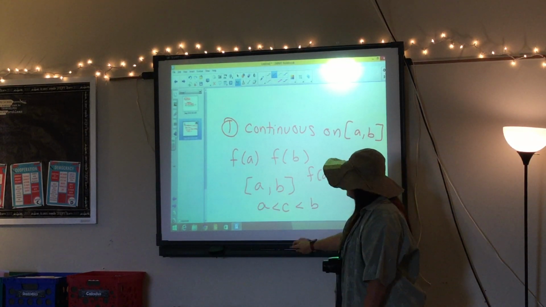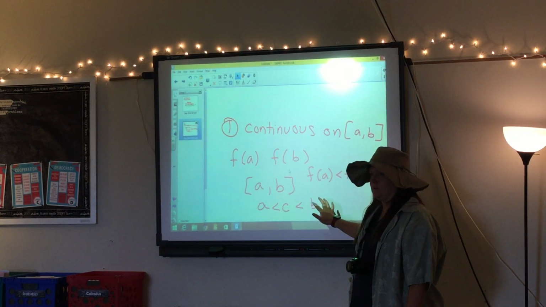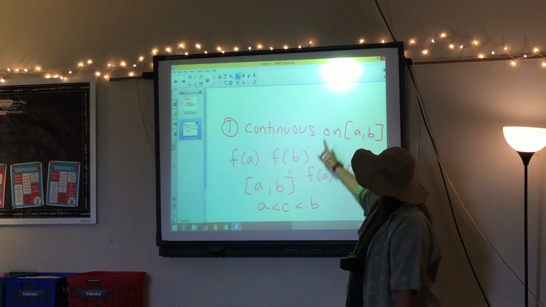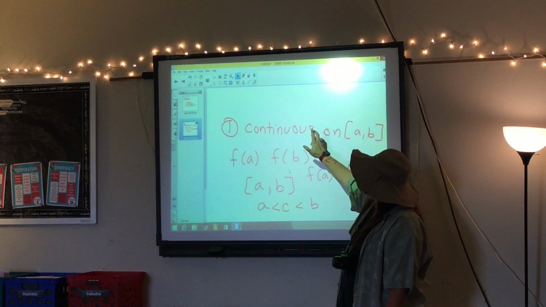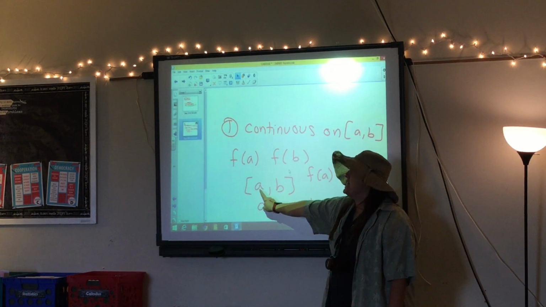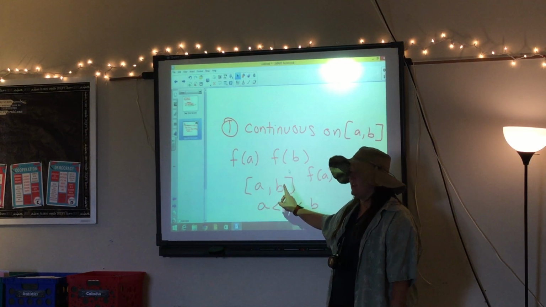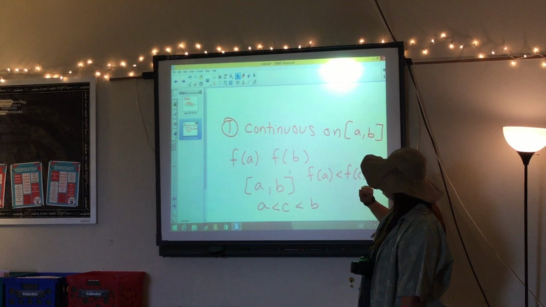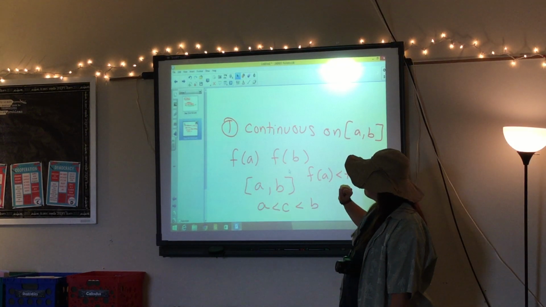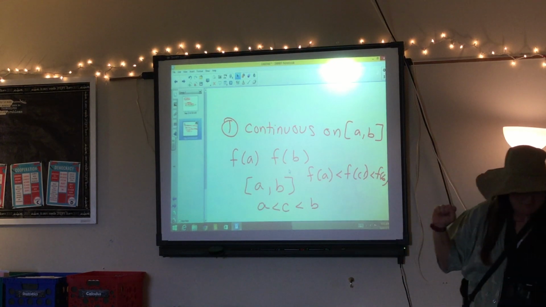Okay. So the question is, how does this relate to zeros? If I said that this function was continuous from -2 to +2, then I said that, let me think.